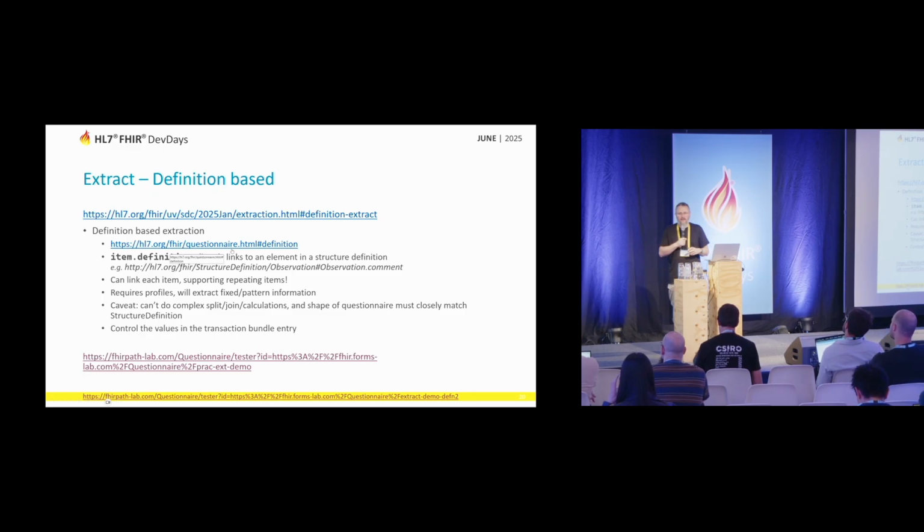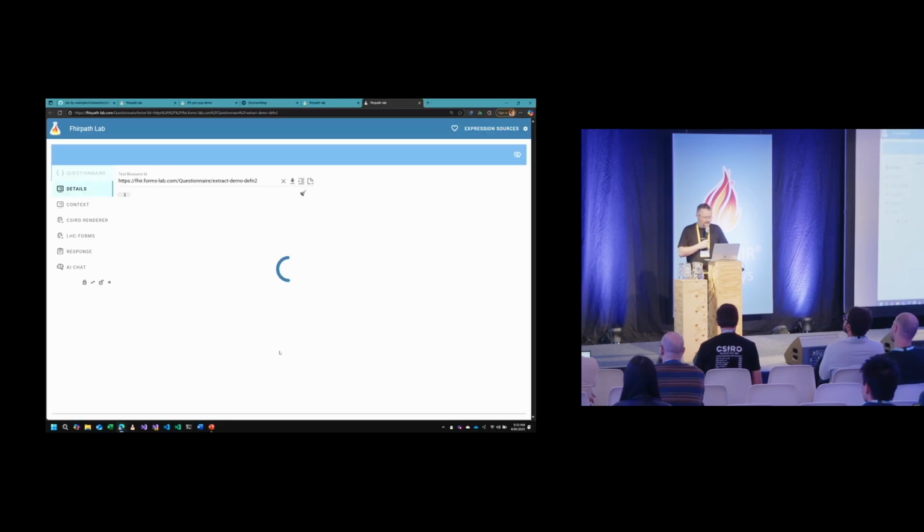If you're targeting things that have profiles that have lots of definition in that, and you're not pulling a lot of content which is in the form, this can make an awful lot of sense. So it can handle slicing. So if you've got slices, you can reference those slices and pull that in. So let's have a quick look at what that looks like.